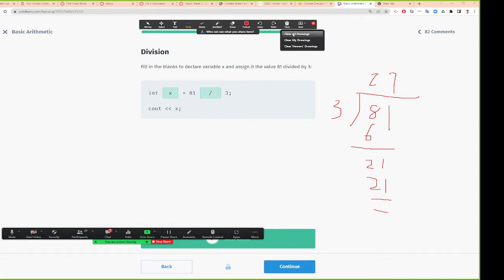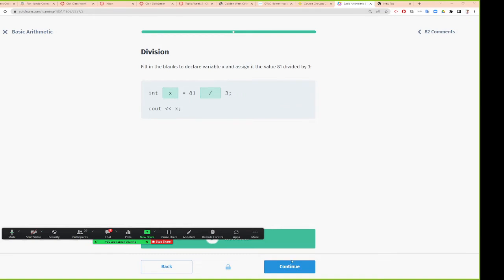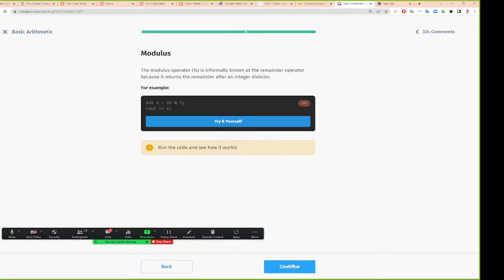So I'm going to continue, and here I'm going to do something called modulus. Modulus is looking for the remainder. So let me divide it for you again. I'm going to do 25 divided by 7.